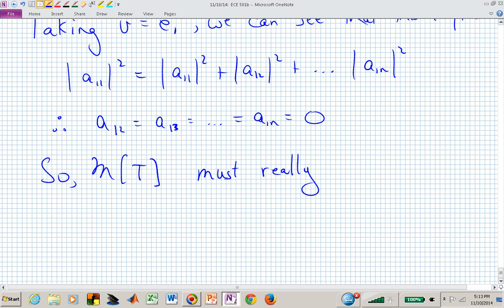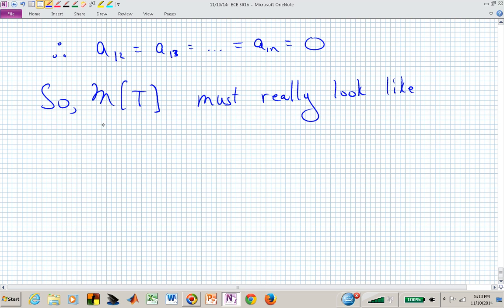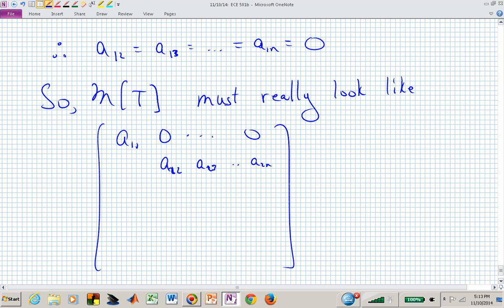So the matrix representation of T must really look like A11, 0, then A22, A23, A2n, A33, A3n, all the way down to Ann, and the rest is 0.